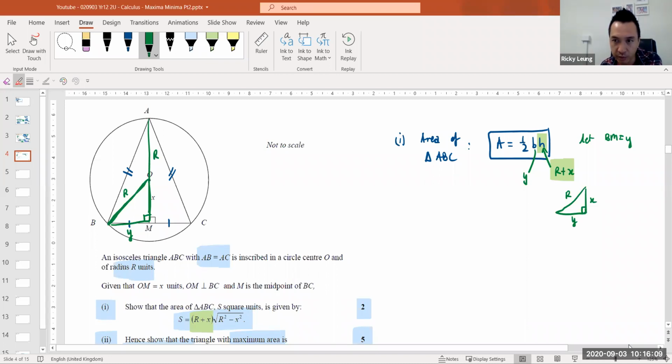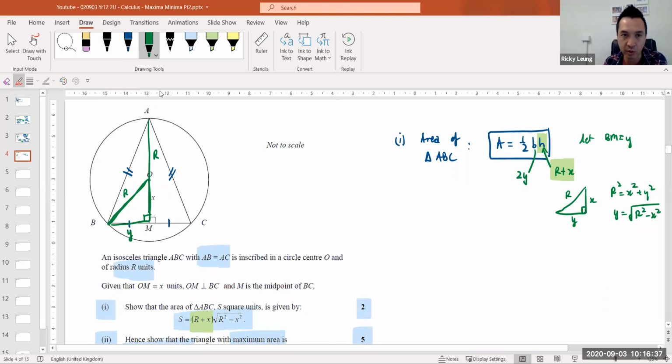Once that's the case, I know that by Pythagoras, r squared equals x squared plus y squared, which makes y the square root of r squared minus x squared, which is great because that's exactly what the second bracket is, right? All right. So let's see. Now, I've actually done a bit of a boo-boo, because the base, if that's y, is actually 2y.